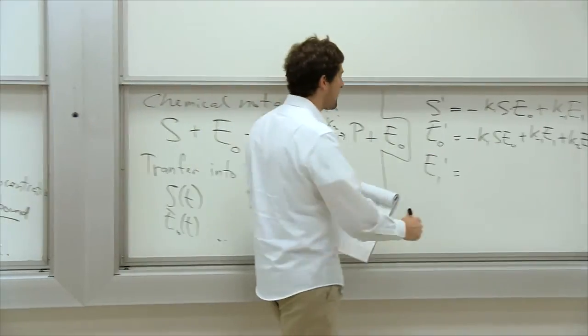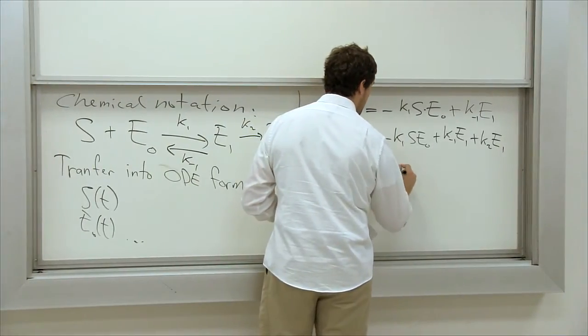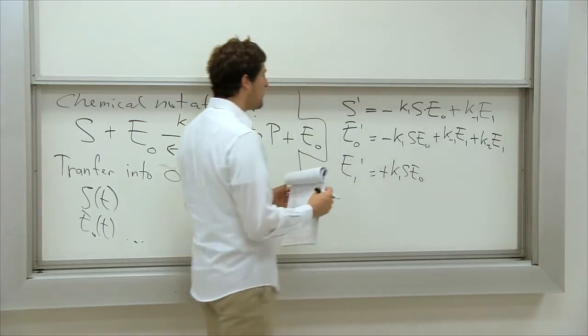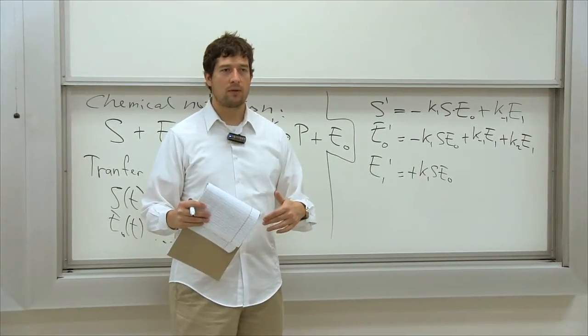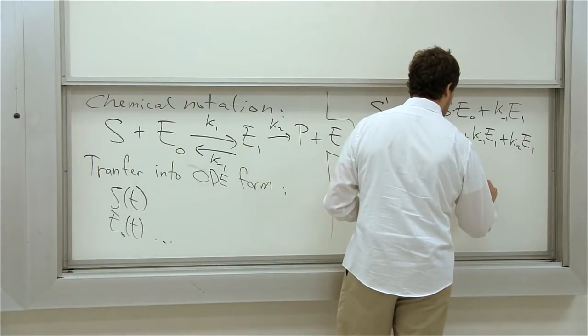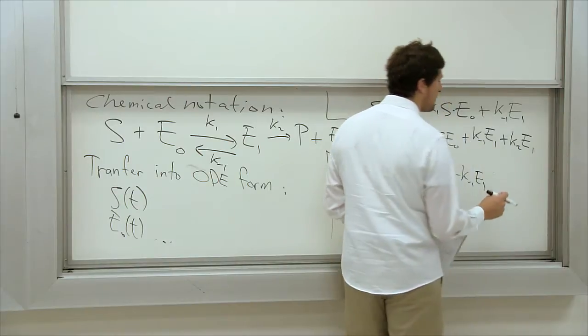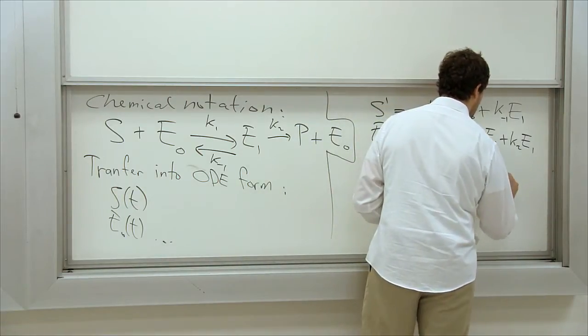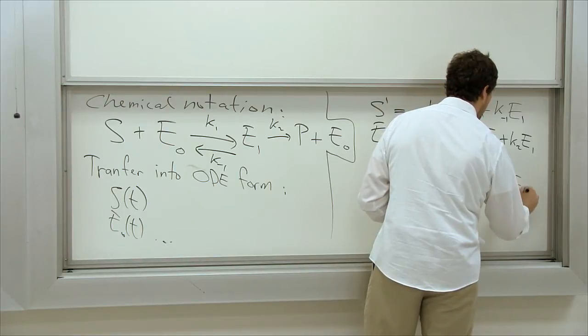Up. Okay, so now it's plus K1 SE0. The second reaction, does E1 go up or down? Down, that's right. So it's minus K minus 1 E1. And the third reaction, does E1 go up or down? Down. So it's minus K2 E1.